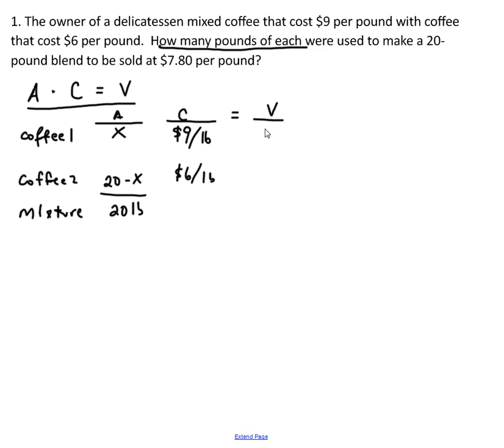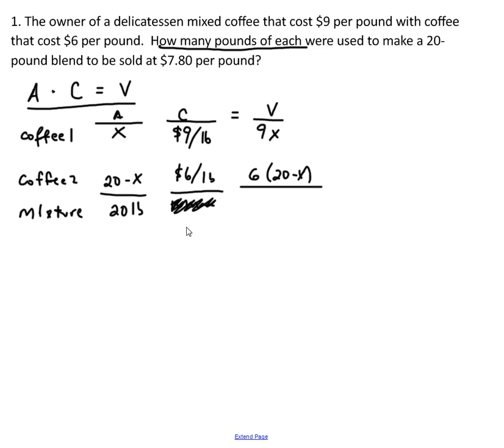So it's going to be 9x, the total amount that we're going to be spending at our $9 per pound coffee. We've got $6 per pound for 20 minus x pounds, so that's 6 times 20 minus x. We don't worry about trying to get some sort of cost right here. There is no total cost.